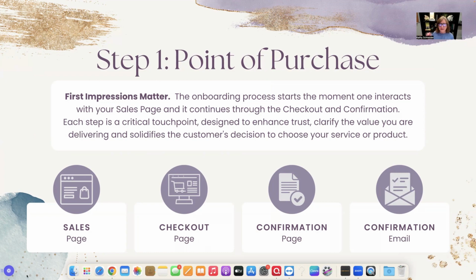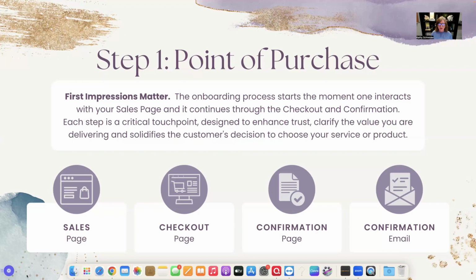This is when they're interacting with your sales page, and it continues through the checkout page and the confirmation. Each step is a critical touch point, and each step is designed to enhance trust, to clarify the value that you are actually delivering with your product or your service. It also solidifies the customer's decision to choose your service or your product. They're choosing to work with you.